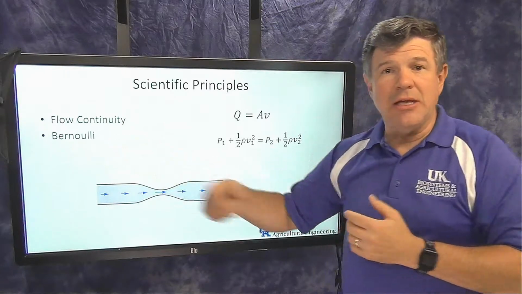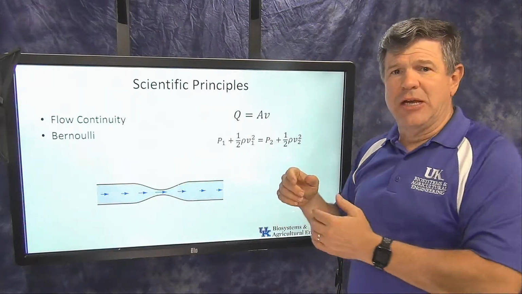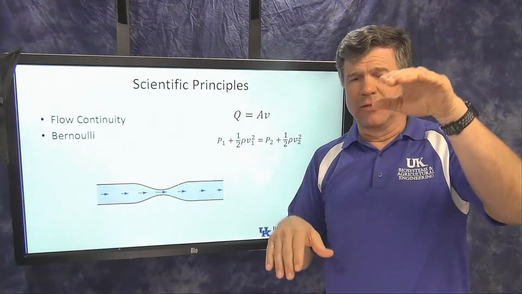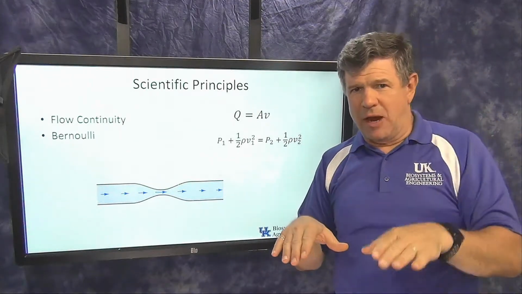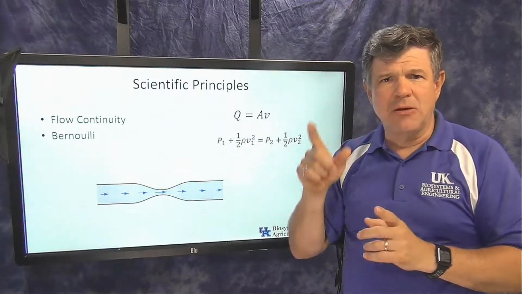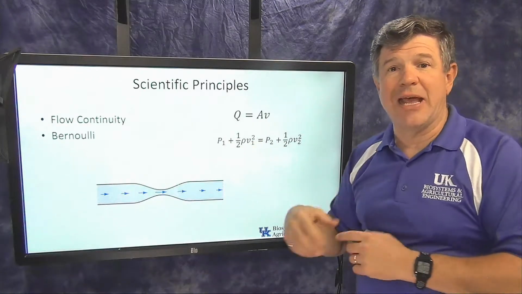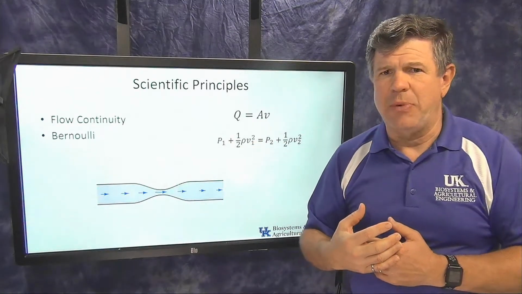Well, now Bernoulli, he studied flow rates a lot, and he looked at that flow rate change. If the area goes up, the velocity goes down. The area goes down, I get a small pipe, the velocity has to go up. And he said, you know what? There's also a relationship between that velocity and the pressure in that pipe.